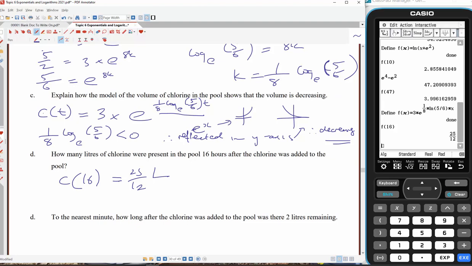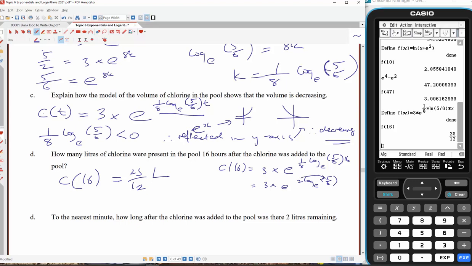16 is 2 times 8, so this is a good one to do by hand actually. I'll just show you how this works by hand. C of 16 equals 3 times e to the 1/8 log e 5 on 6, 16. That's the same as 3 times e to the 2 log e 5 on 6. I've just gone 16 times an eighth, which is 2.